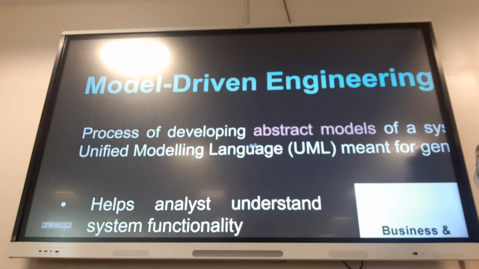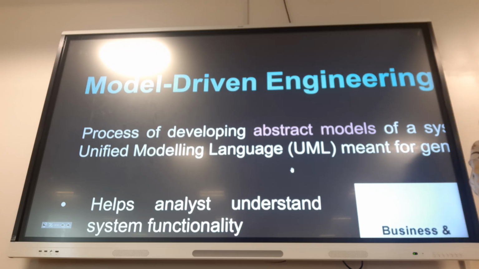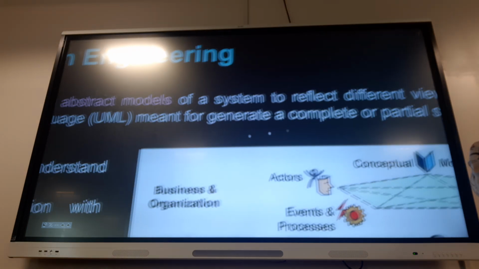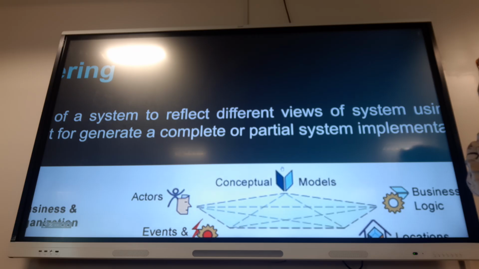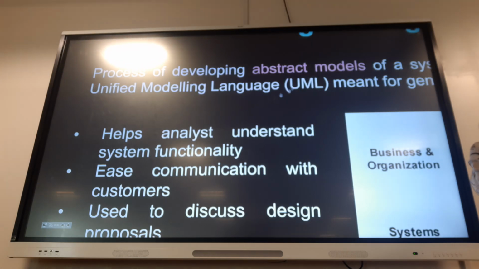As we mentioned, this is an abstract type of modeling. By abstract we mean high level or low level? High level, which means we're not digging into deep details, just a very simple, shallow view. And we look into our system, reflecting different views, which could be structural or behavioral. Then we use UML to reflect it, which is Unified Modeling Language.